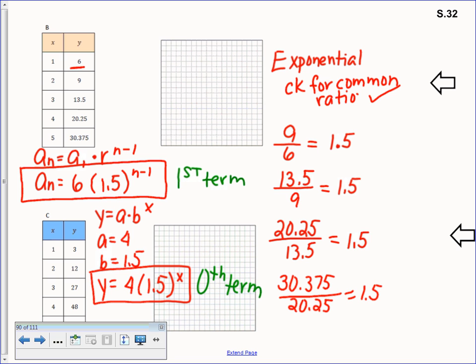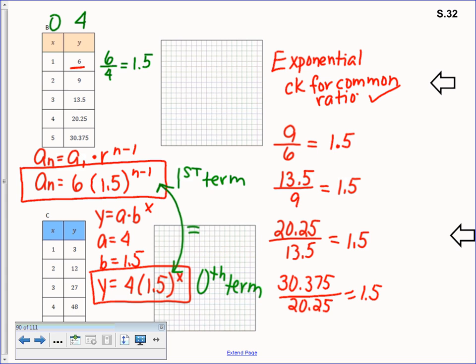So if I know my 0th term, so again, I'm going to put 0 over here, is 4. Let's see. Does 6 divided by 4 give me 1.5? And it does. So my 0th term in this case is 4. My first term is 6, which means these two equations are equal to each other. Either equation would be the correct answer.